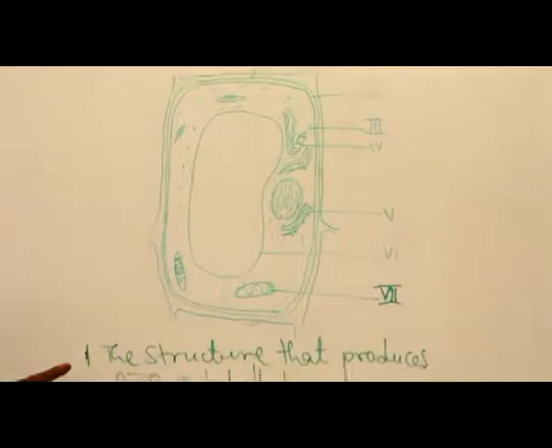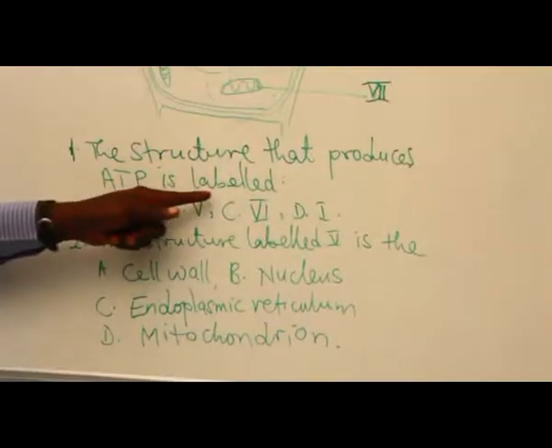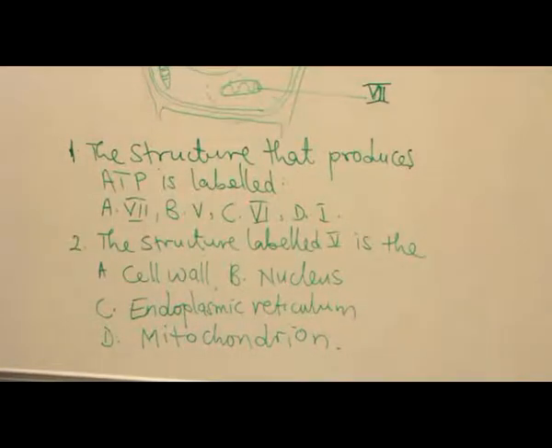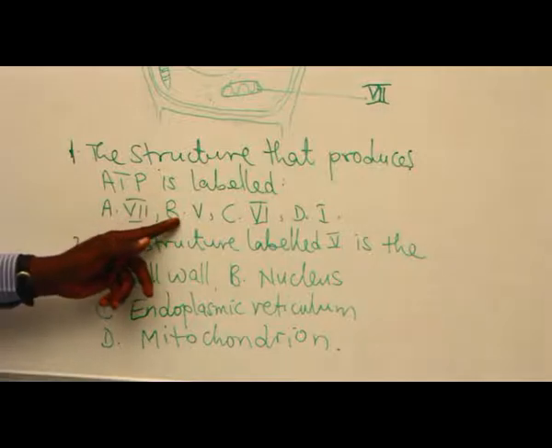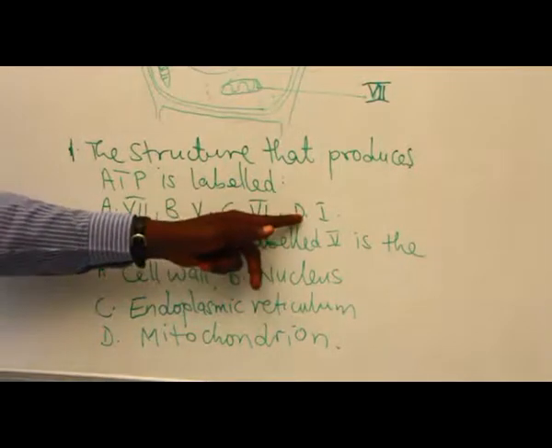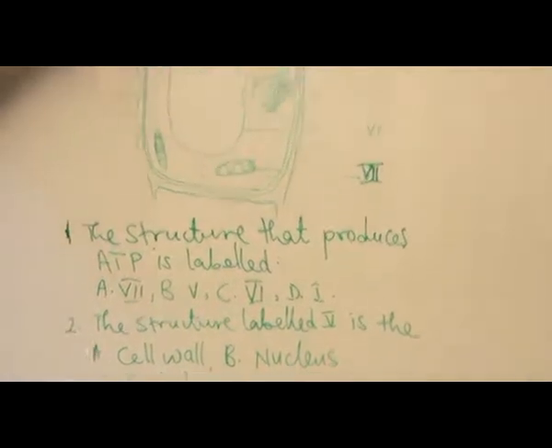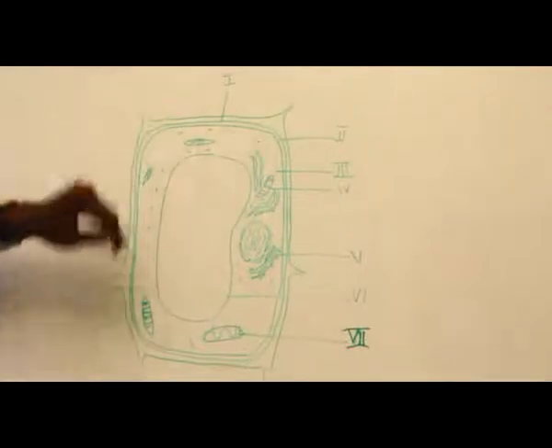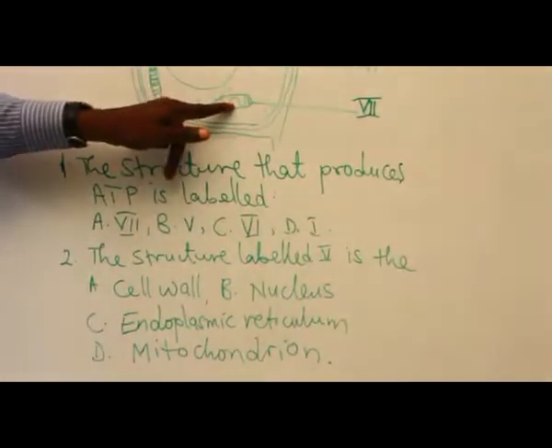The first question states: the structure that produces ATP is labeled A, 7; B, 5; C, 6; D, 1. Now, what to do is to look at 7. The structure labeled 7 is this one. What is it in this cell?